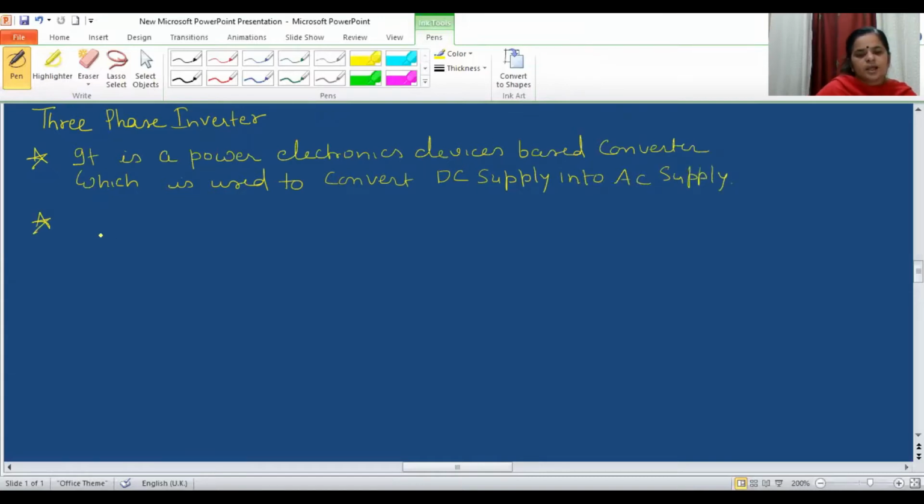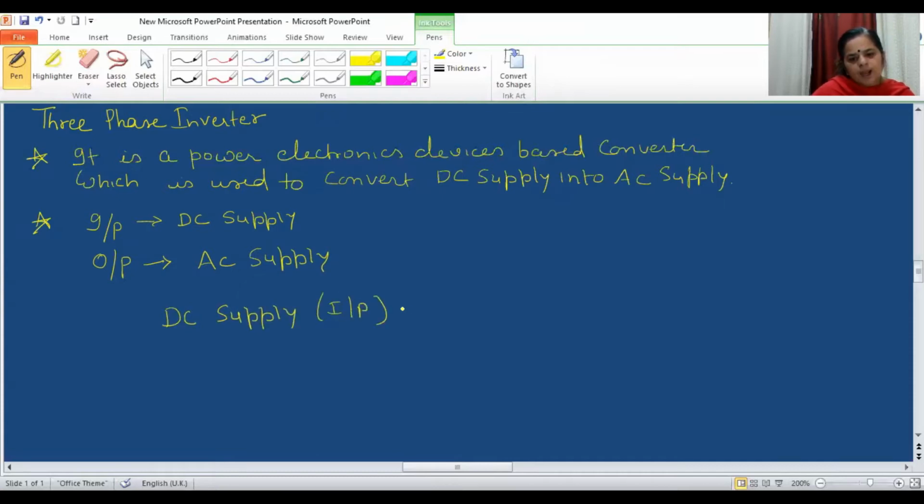As the converter converts DC supply into AC supply, the input will be DC supply, and with the help of the inverter it converts into an AC supply which will be the output.